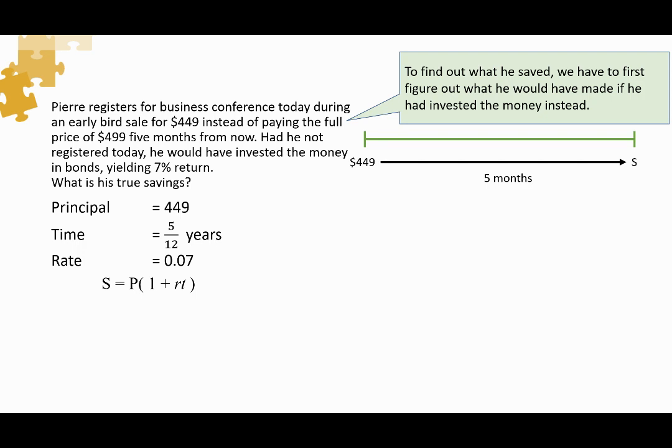All right, so let's do the rest of the calculation now. Your future value, S, is equal to P. We're just going to plug all of the pieces in. P into 1 plus R, the rate, and T, the time, 5 over 12.